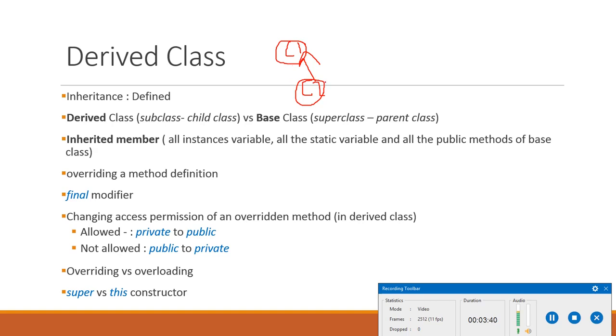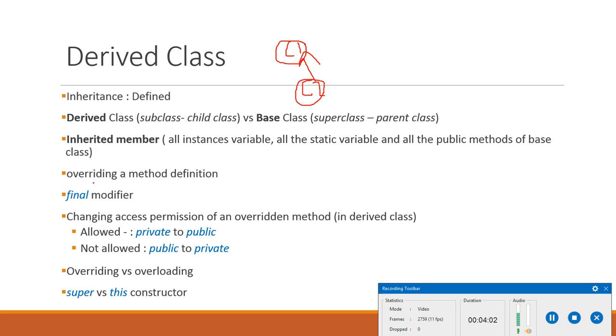So C2 will have its own features as well as the features of the class C1 from which it is derived. This is called the feature of reusability. Why do we need inheritance? Because it helps us reuse something instead of creating it again and again.